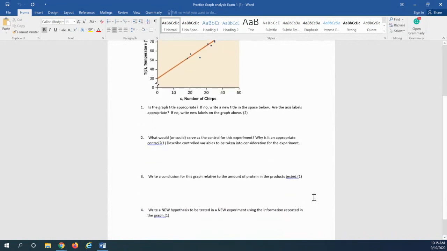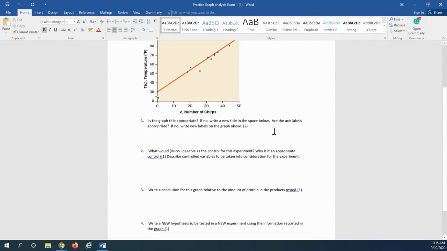And then the last part is writing a new hypothesis that could be tested with a new experiment. So a lot of times in science, they take information and then based on that information, they create the next question, which leads to the next experiment.